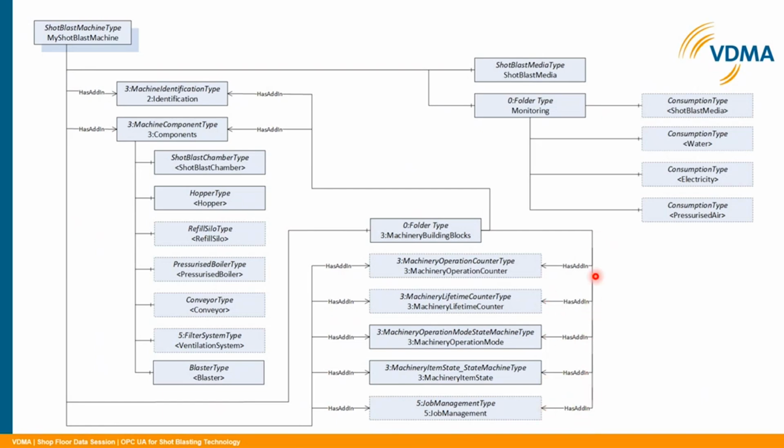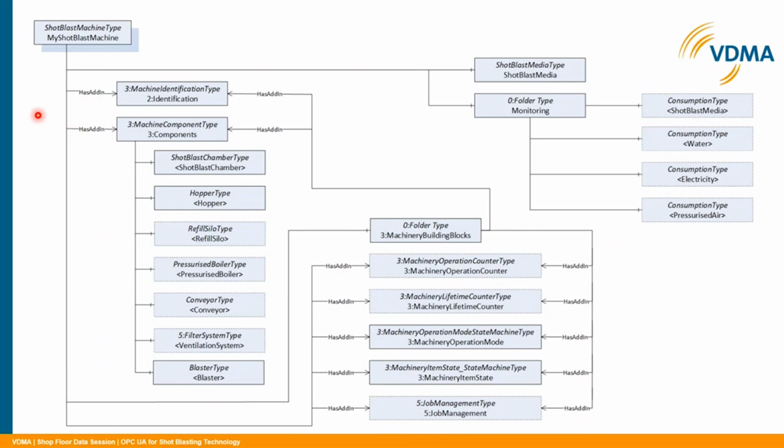You are doing this to make sure that an MES system, for example, that doesn't know the companion specification for shot blast machines can easily access all the information that is implemented in this information model according to the machinery specification.